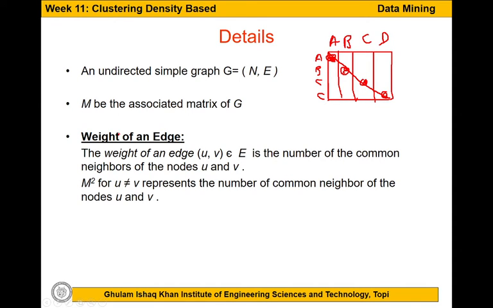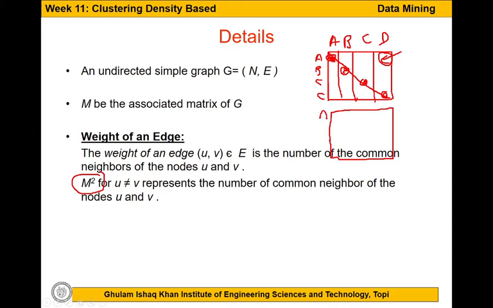So how can we find the weight of the edges of the complete graph? That is simple. You simply take the square of the adjacency matrix, right? This will give you the number of common neighbors of the nodes. For example, you have this adjacency matrix, you make another copy. By square, I do not mean that you take a square of each value placed here.